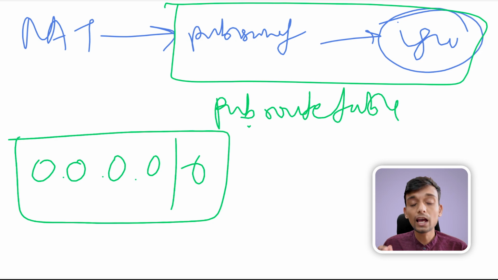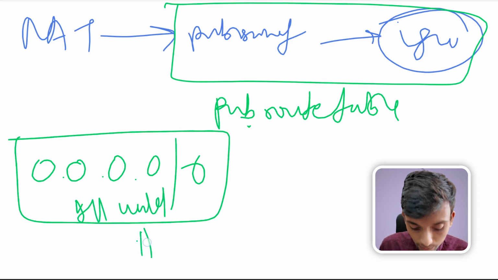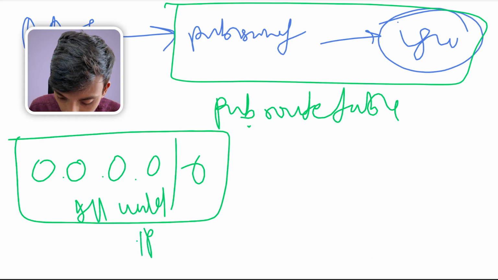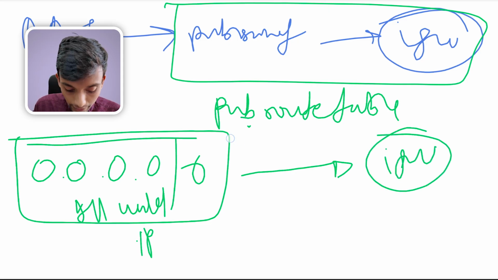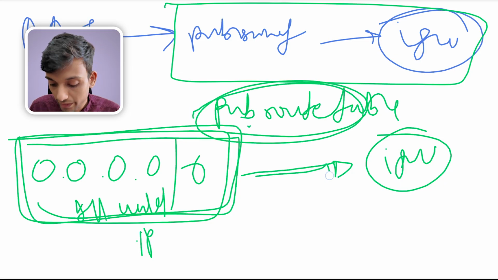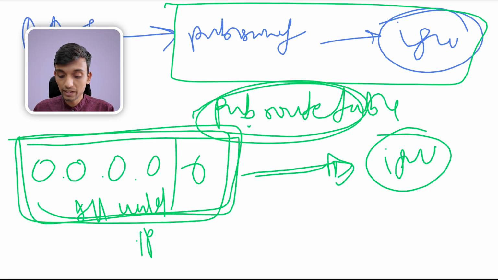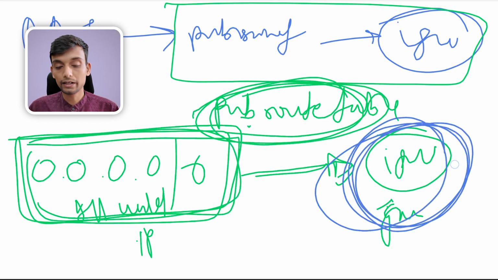That means any IP from the world, it includes all world IPs, can connect to the IGW. That means any IP inside the public route table is able to access the IGW, Internet Gateway. That means the global internet. Any IP inside the public network can access the public internet. Got it?